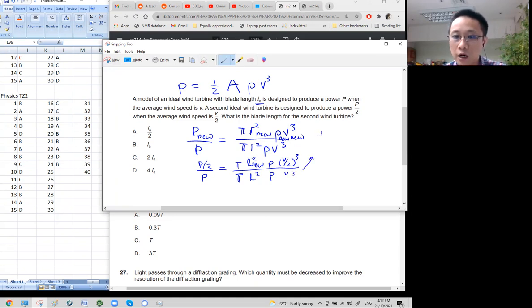So this translates into half because the pi's, air density, and B all cancel. And we have the L ratio squared times 1/8. So the ratio should be 2.